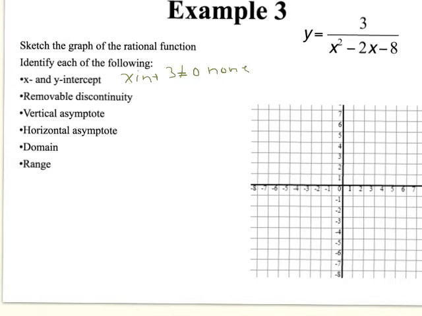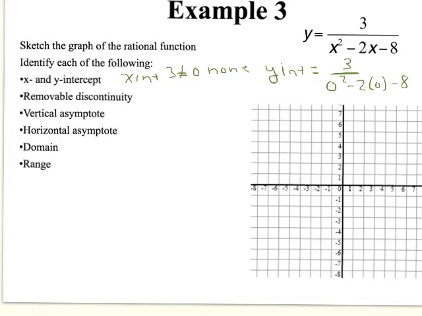For the y-intercept, we let all the x's equal 0. So 3 over 0 squared minus 2 times 0 minus 8.